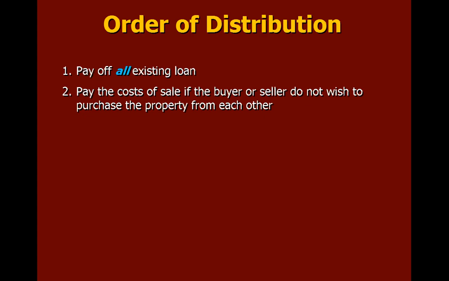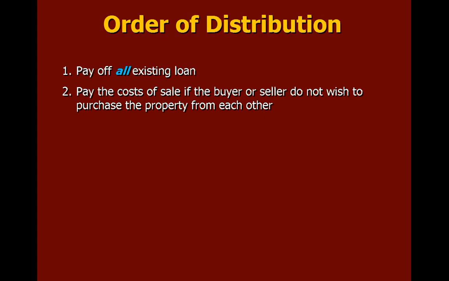Remember, they can exercise that option up until 6 months before the termination of the trust. So from day one up until 6 months before the termination, they can buy the property from the trust anytime they want. At the end of that period, or somewhere along the way, they decide they do not want to buy the property, beneficiary number one, the original seller, has an option for 10 days to buy the property from the trust.